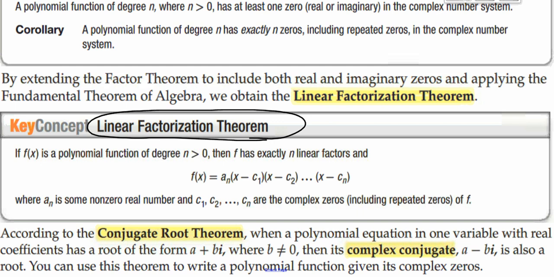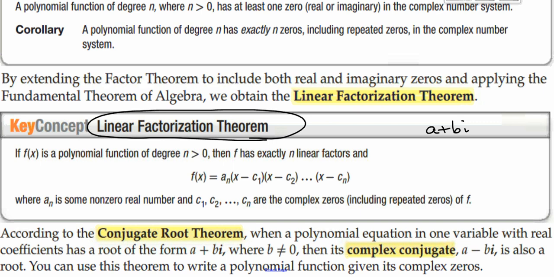Now, it says complex zeros, but remember, for a complex number a plus bi, if b is 0, it's just a number, right? So it could be just a 5. And also, if a is 0, then it's considered a pure imaginary number, where it would be maybe 5i or something like that.